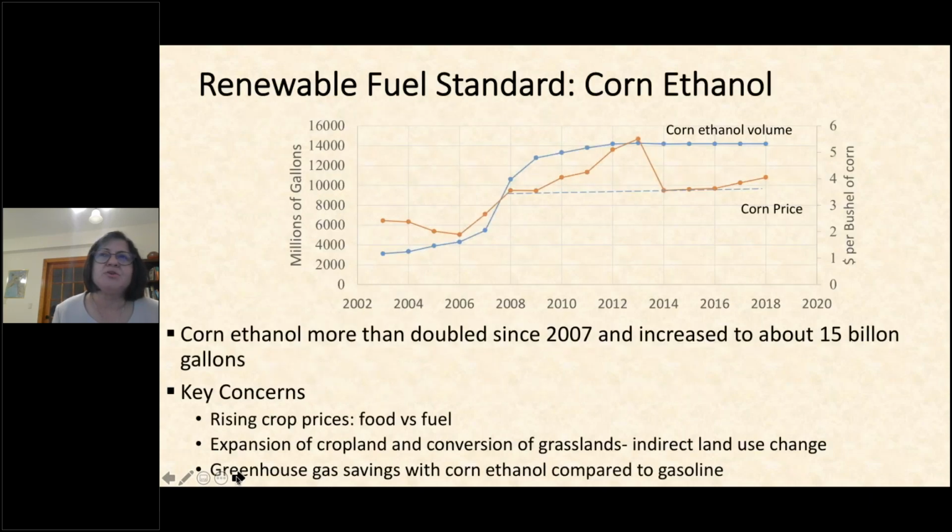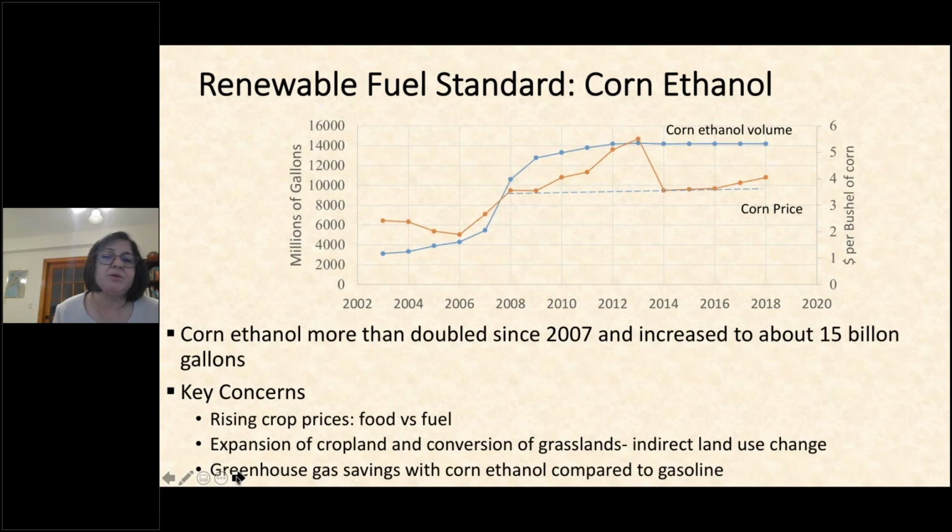So interest in biofuels started around 2005 or so in a big way in the US, and was spurred largely by concerns about reducing our dependence on fossil fuels and imported oil.